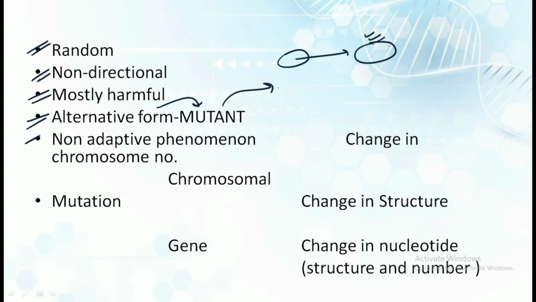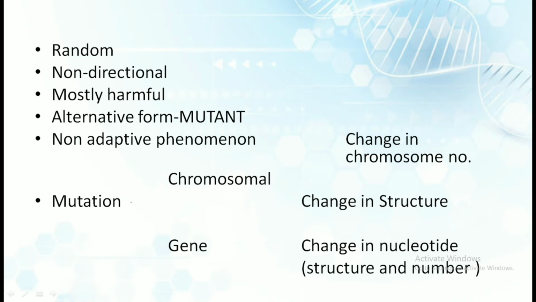It is a non-adaptive phenomenon. If a mutation has to happen, it would occur in any gene, irrespective of where that gene is placed or what the neighbouring gene is. Whether a neighbouring gene has mutated or not does not affect the mutation of the gene.